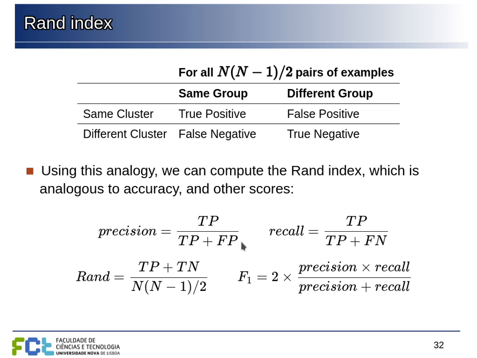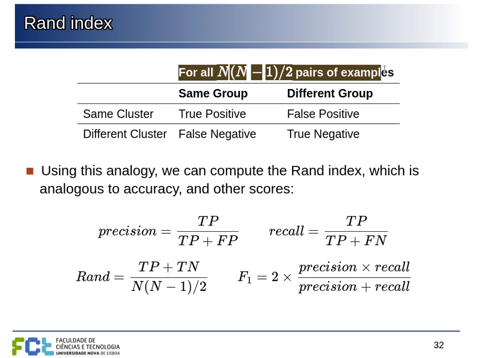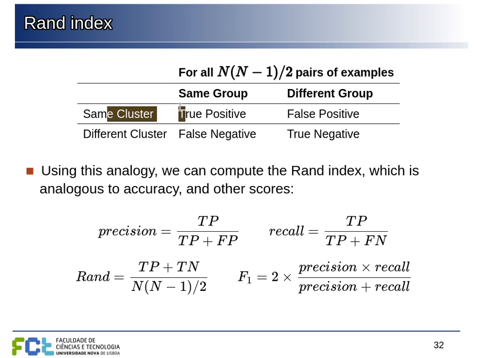But we also have the analogous of precision, recall, F1, and all the different measures that we can use in classification. We can compute the analogous here by looking at the pairs of examples and seeing if examples from the same group are in the same cluster, or if examples from different groups are in different clusters.